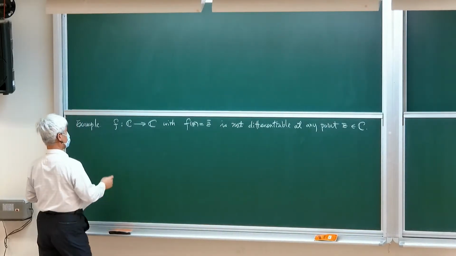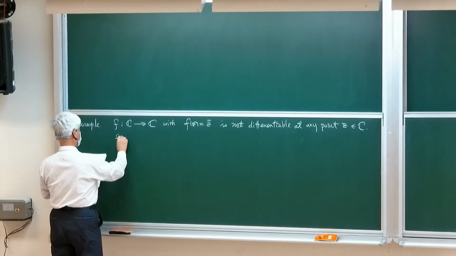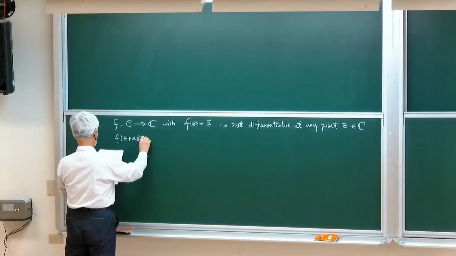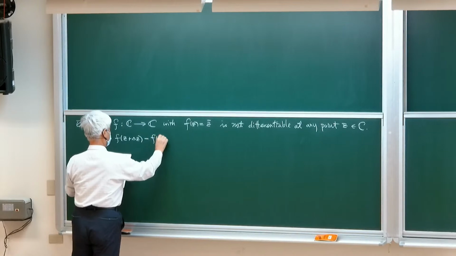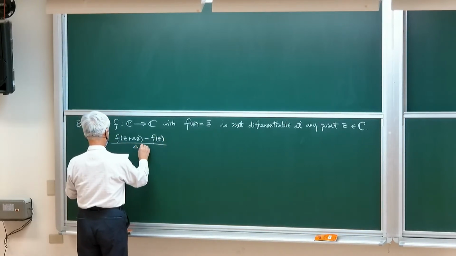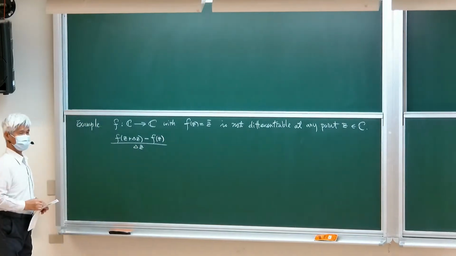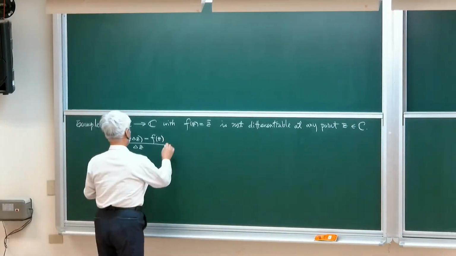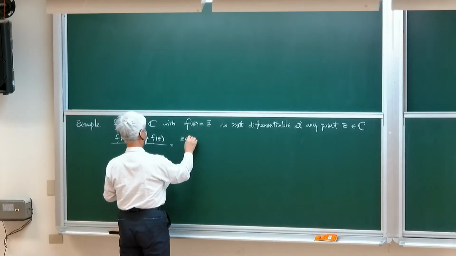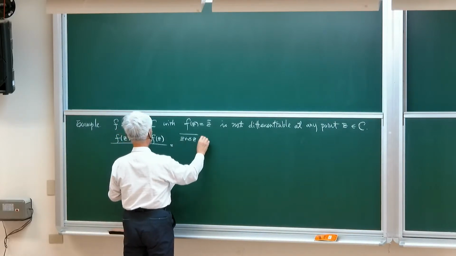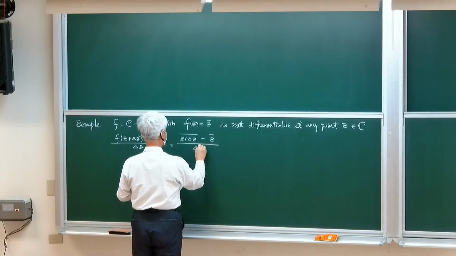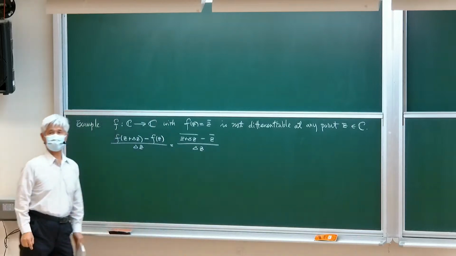All right, so we compute the quotient, f(z plus delta z) minus f(z), divided by delta z.